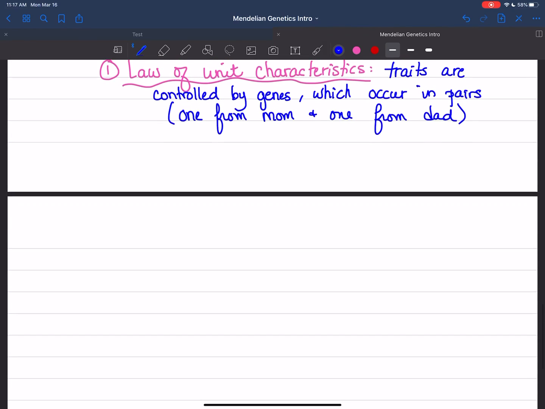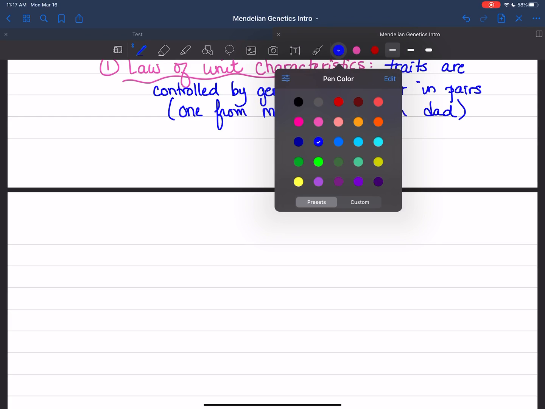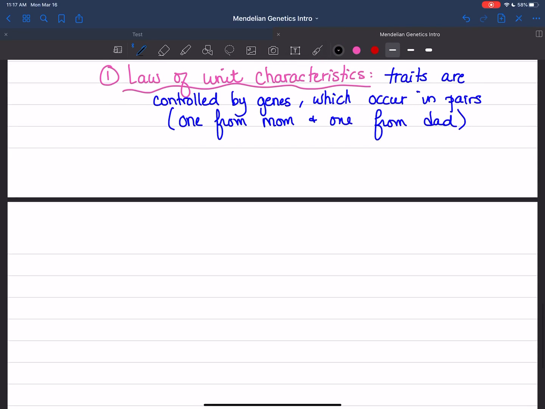Okay. If I were to look at the long and short, I could say that for those unit characteristics, if I'm going to have long, I could have long like this, or I could have long like this, or I could have short.